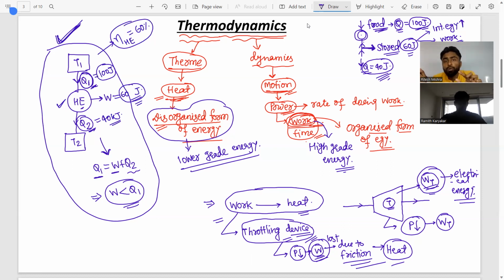Our basic aim in studying this subject is to increase the efficiency. We want the 100 joule of energy that is given to the heat engine to be converted completely into work.